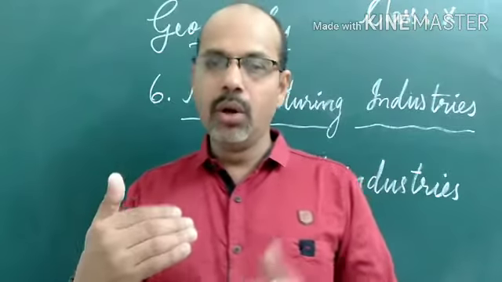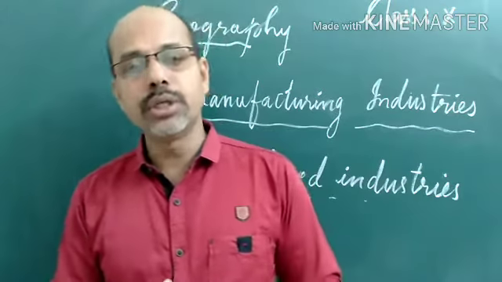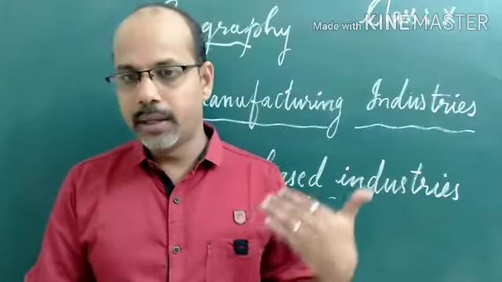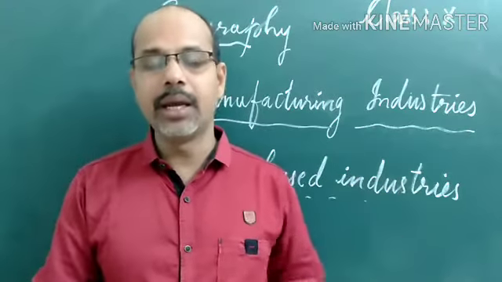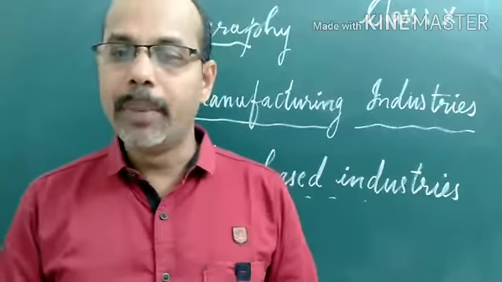During that time, Britain had a colony in India, and there was a huge demand for cloth in the UK. So they also wanted a developed cotton textile industry in our country, and the cotton textile industry slowly began to develop in our country.